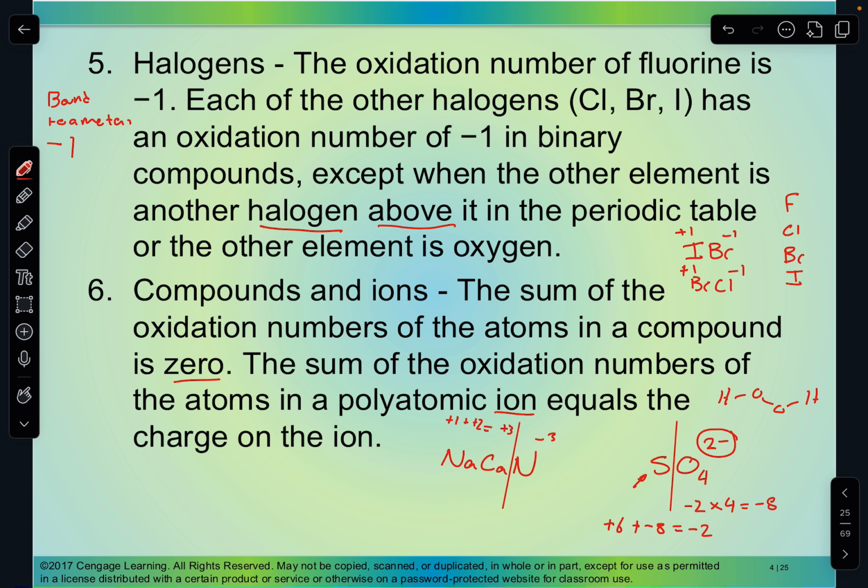And so we have to have the entire left-hand side equal to -6, not -8, because the overall charge for the entire polyatomic ion is -2. And so +6 is going to be what we have over here. So the oxidation number of sulfur is +6.